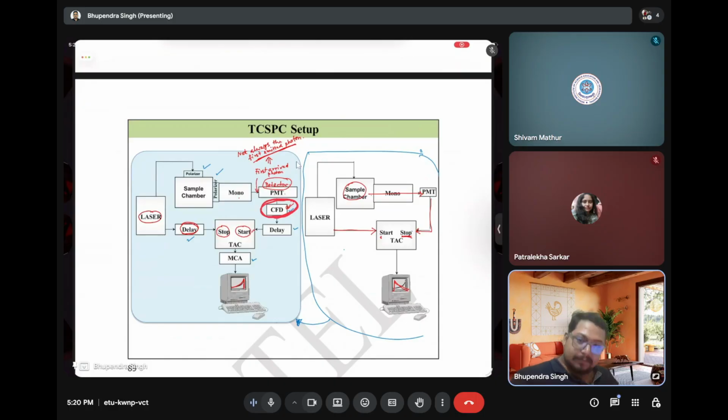Because even the PMT is detecting the photon at the same time because of the thermal noise, we have to put the threshold, hence we are getting the time walk.